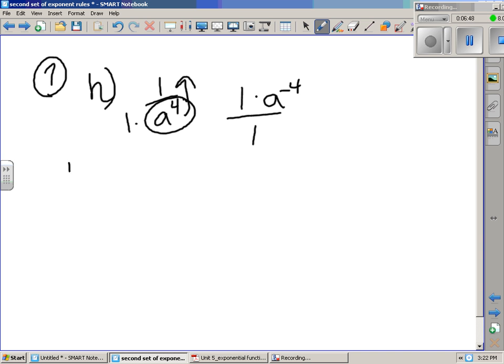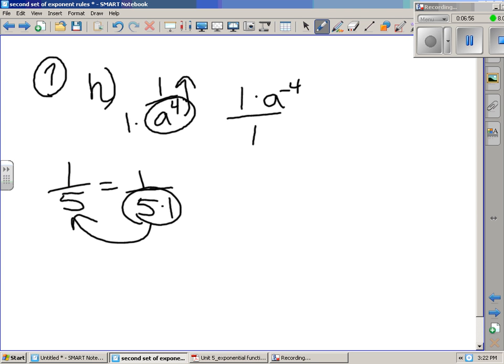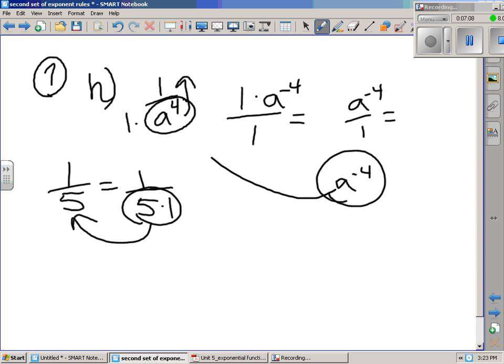Just like if you had 1 over 5, you could say that this is really 1 over 5 times 1, because 5 times 1 is equal to 5. 1 times a to the negative fourth is a to the negative fourth. A to the negative fourth divided by 1 is just a to the negative fourth. And we could, again, go backwards and flip it over the fraction bar and get back to the original. So number 7H, the answer is a to the negative fourth.